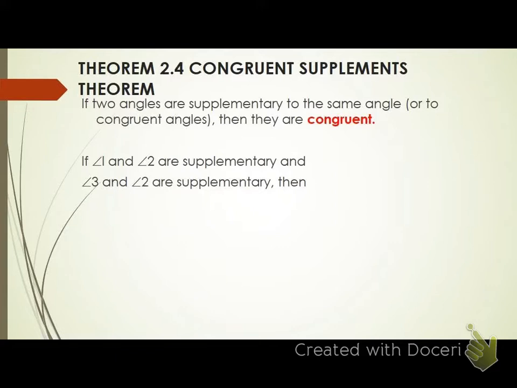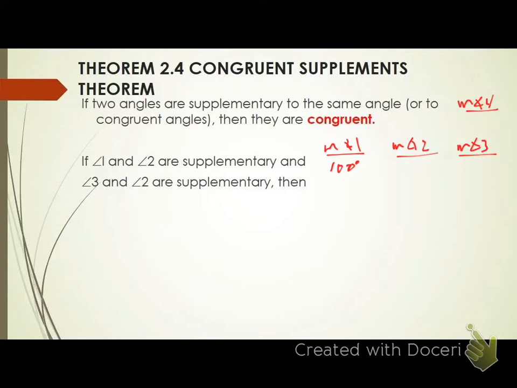There is a quick, fairly nice numerical proof of this that just takes a second. So I'll show you what happens here. This is basically what it says. Let's say that angle 1 and angle 2 are supplementary, and I know the measure of angle 1 is 100 degrees. What's the measure of angle 2 going to be? Yeah, 80.